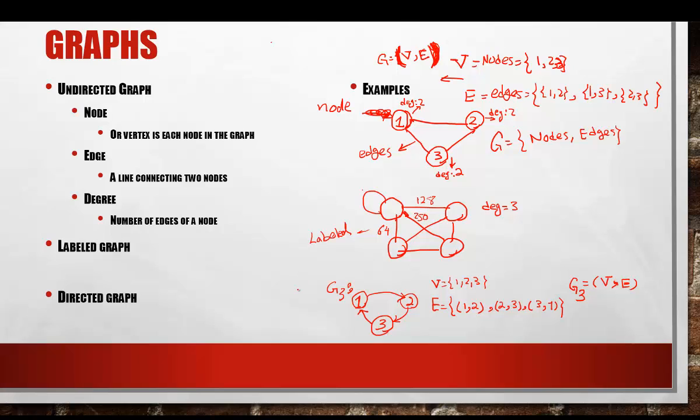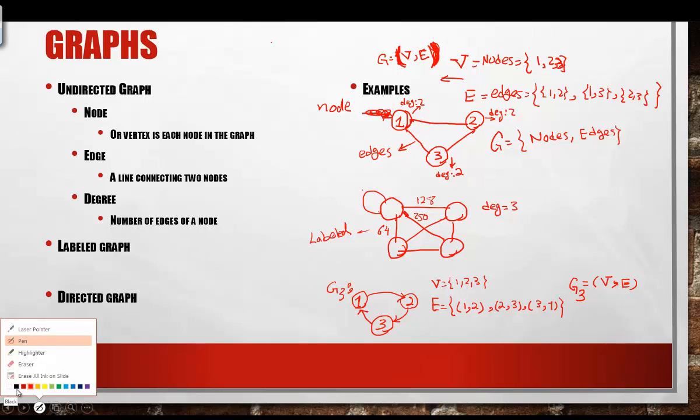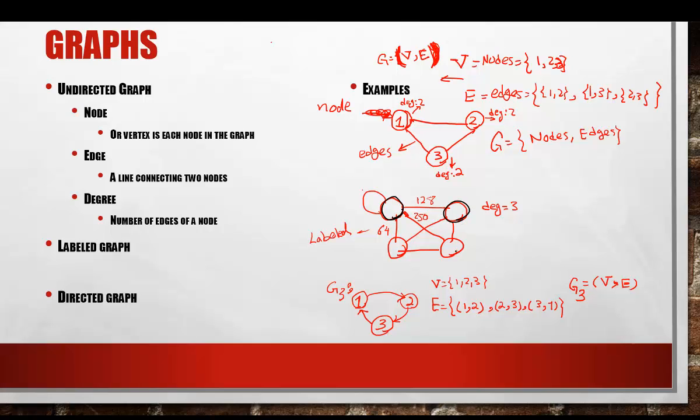A subgraph of a graph is a subset of its nodes and edges. So for example, if I were to pick these 3 elements and the connecting edges like that, then this will be my subgraph.